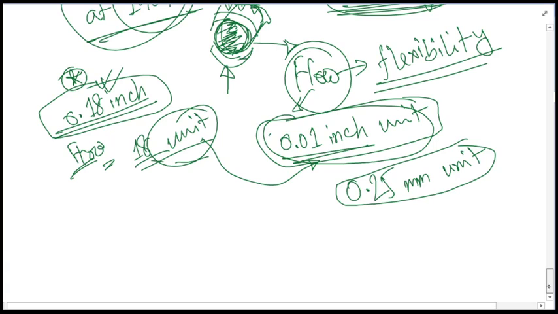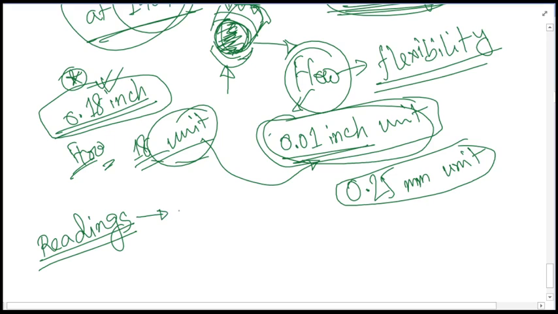Also in some cases we use gauges. So gauges give some readings in experimental setups. If our apparatus gives readings, in some cases readings are given in different units.